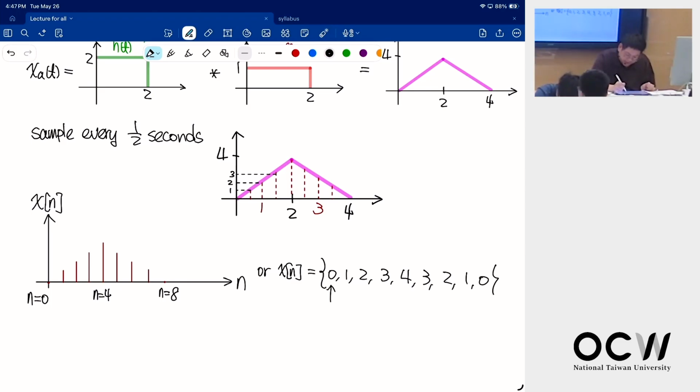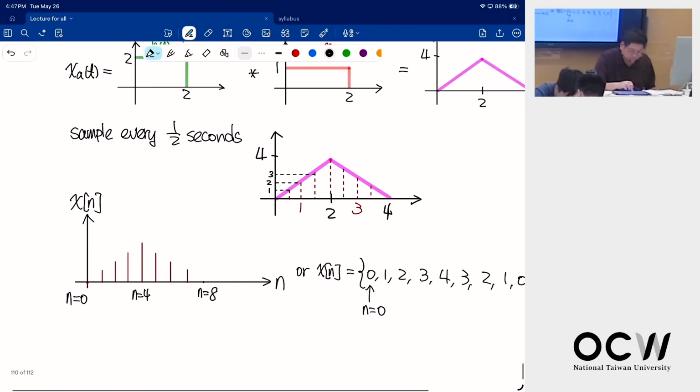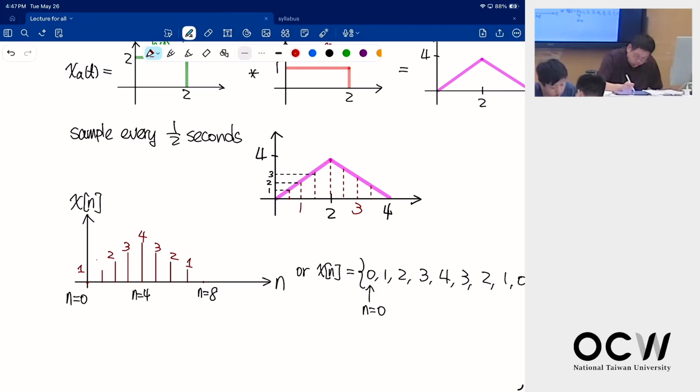If we have an arrow, that means n starts from 0. So here should be 1, 2, 3, 4, 3, 2, 1, and 0, 0.